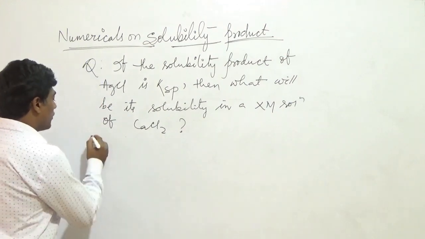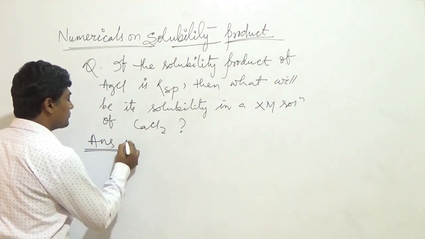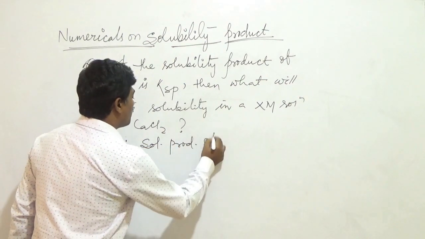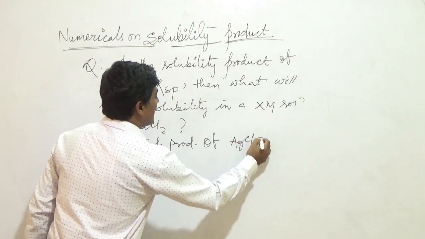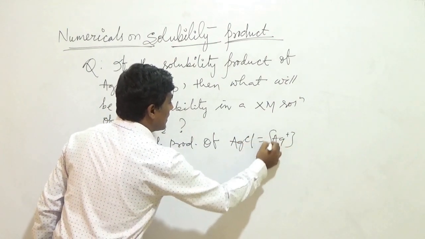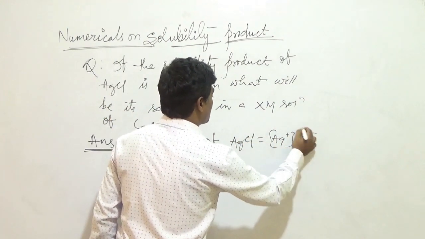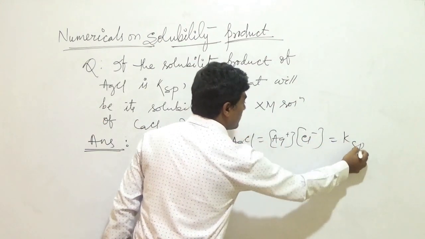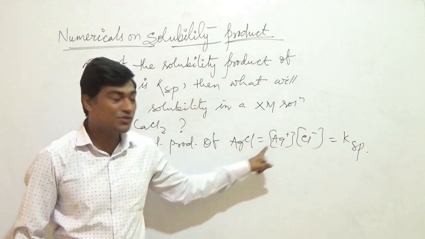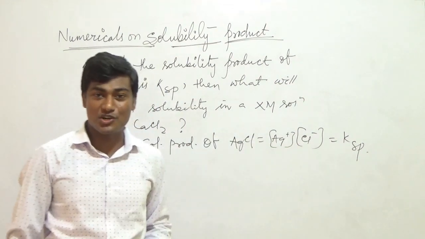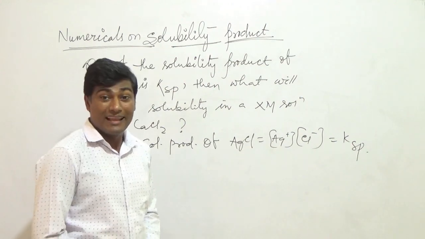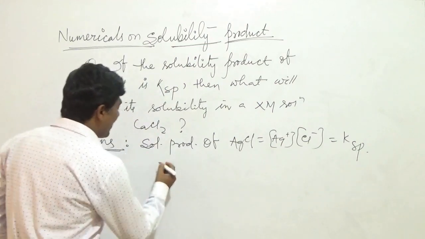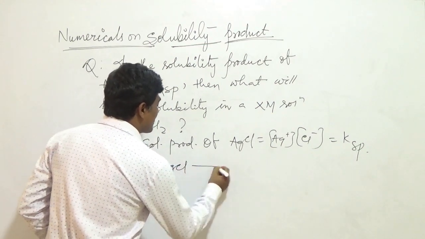You see, how to answer? The solubility product of AgCl is Ag+ into Cl−, which is equal to Ksp. That is, Ksp is equal to the concentration of Ag+ into the concentration of Cl−, right? And the dissociation pattern of AgCl is like this.